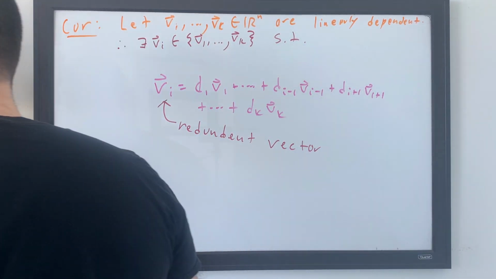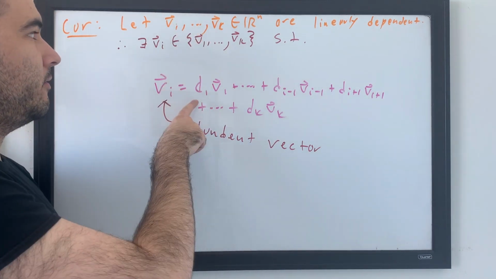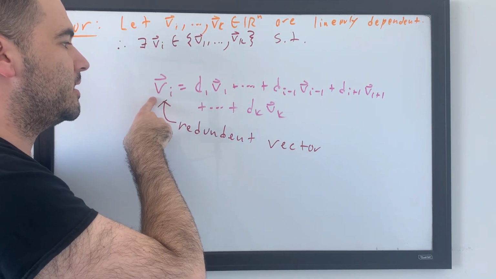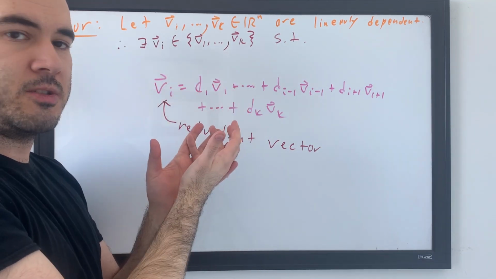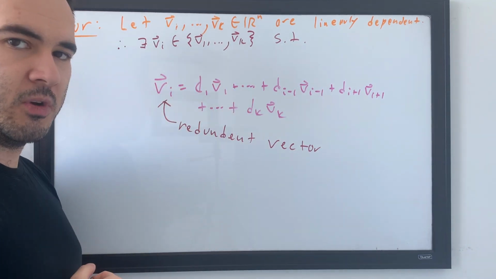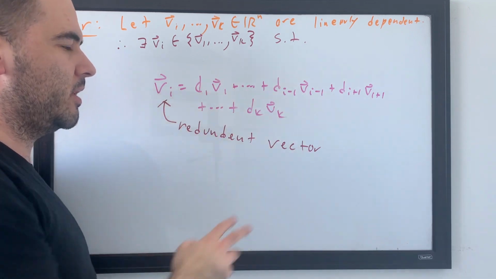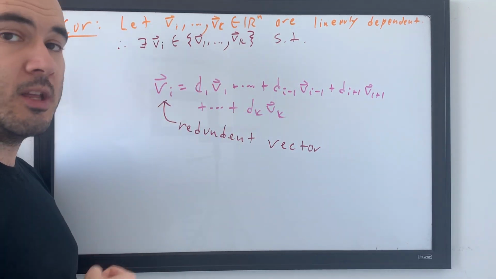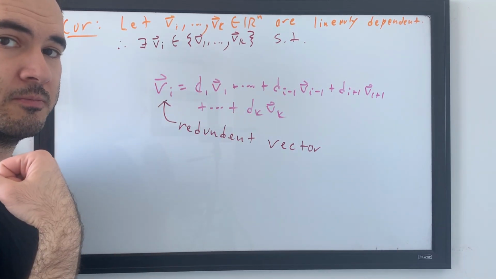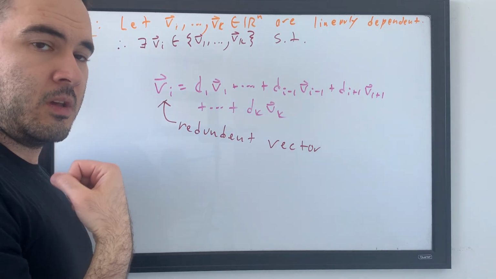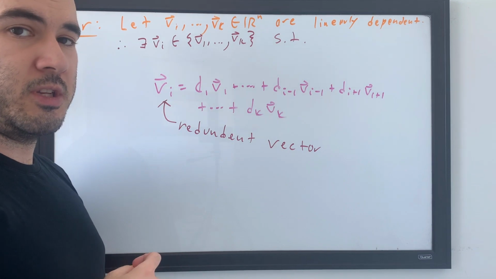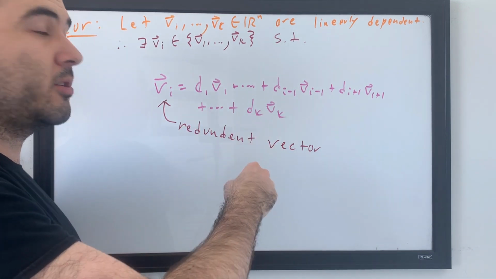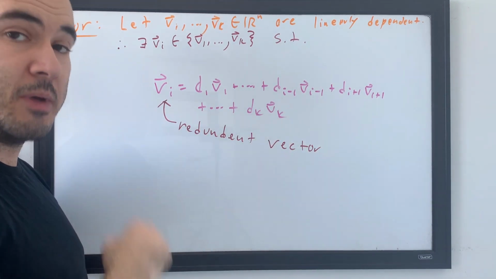Because if every one of these vectors besides vi ends up accounting for everything within your space, then why do we even need this to begin with? If vi is a combination of the other vectors, then we essentially don't need it, and we can remove it. So let's prove this first, and then we'll get to an interesting theorem that relates linear dependence to spanning sets.